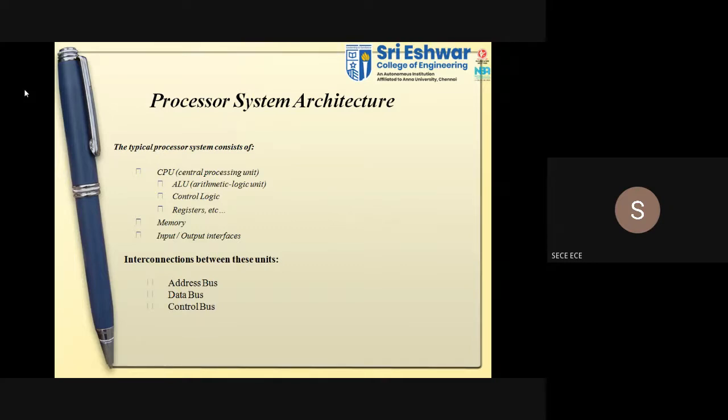How the data are transferred between these units, from CPU to ALU, from ALU to control logic, from registers to CPU, is all done by buses, a medium which transfers the data from one place to another. We have three basic buses: address bus, data bus, and control bus.